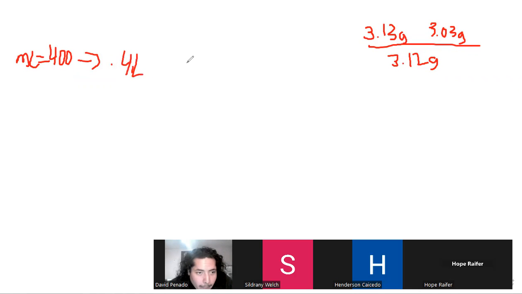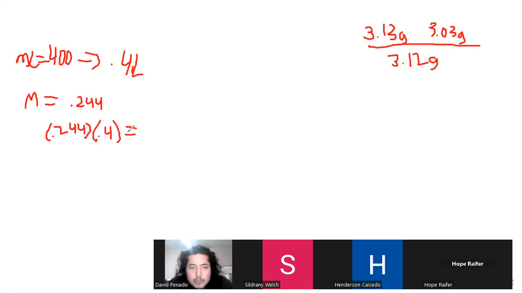And then to find my moles, I used the molarity, so the value of M was 0.244 times 0.4. And I got 0.0976 moles.